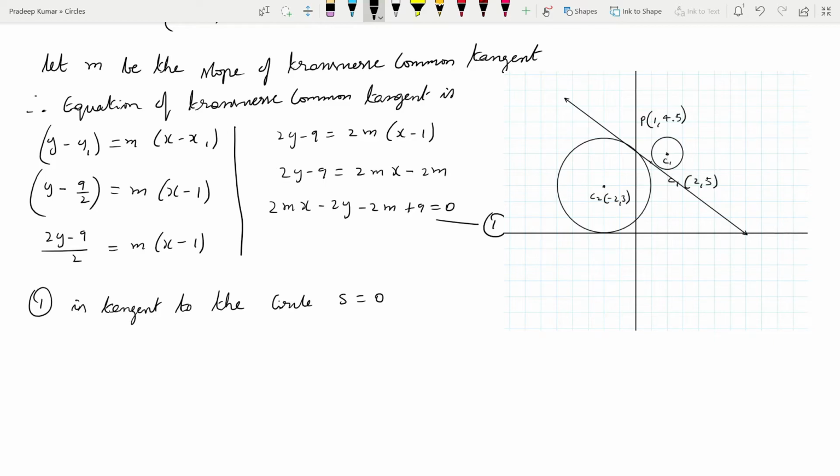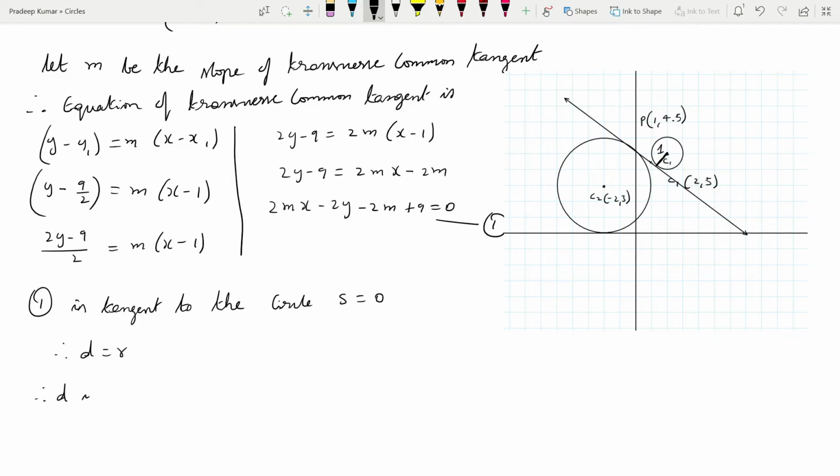The radius, or we can say the perpendicular distance of this circle to this tangent, is how much? That was the radius, we got it as 1. We'll use this. The center of the first circle is 2, 5. So I can write that d is equal to r, because the radius and the perpendicular distance are the same. d is not the diameter, d is the perpendicular distance.